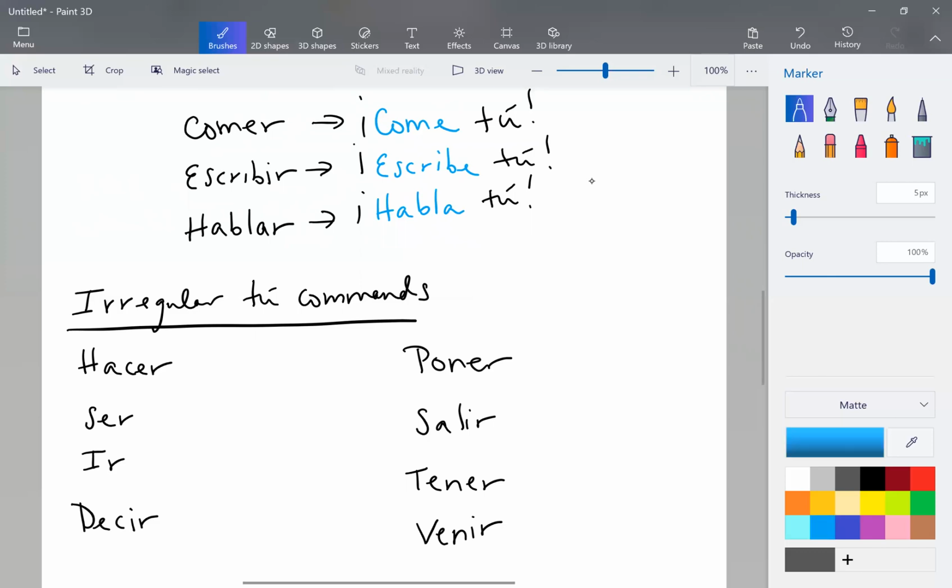So for hacer, we have haz, which means do. For ser, we have sé, which means be, like be good.